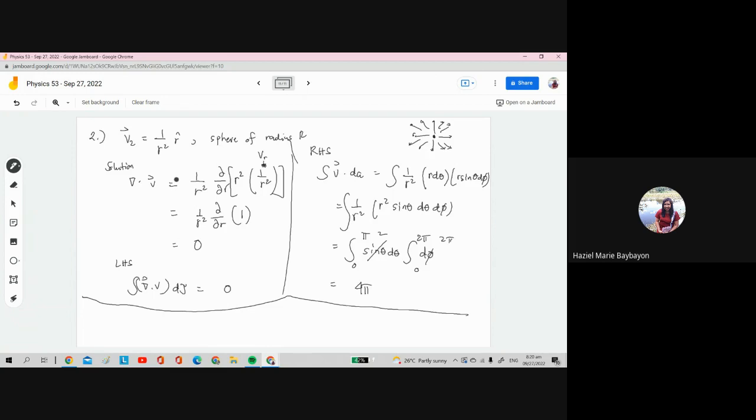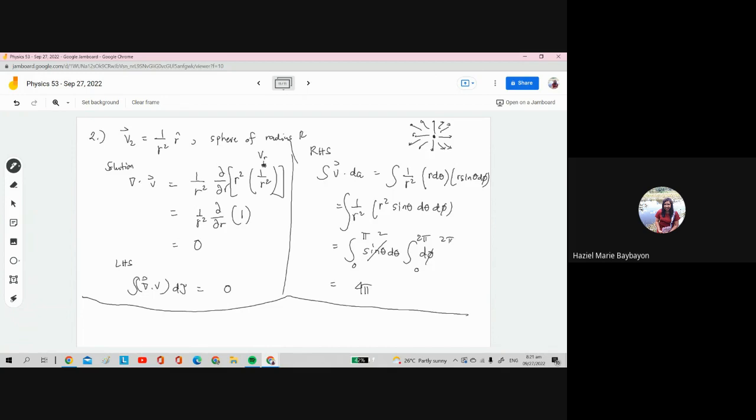So surprisingly, that is the expectation for 1 over r squared, but as you can see, it has no divergence.